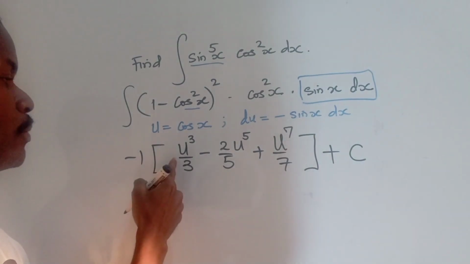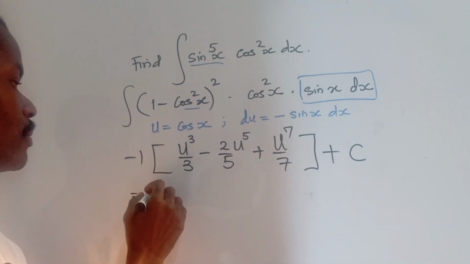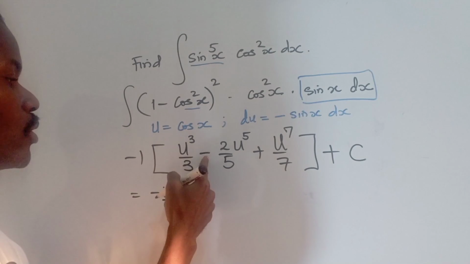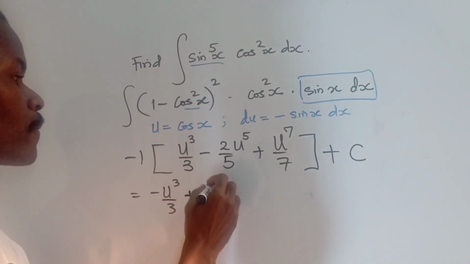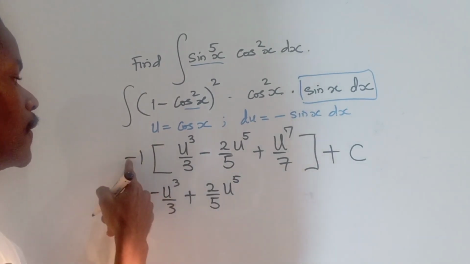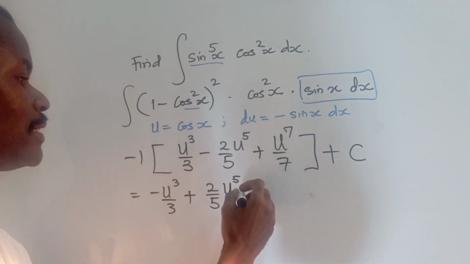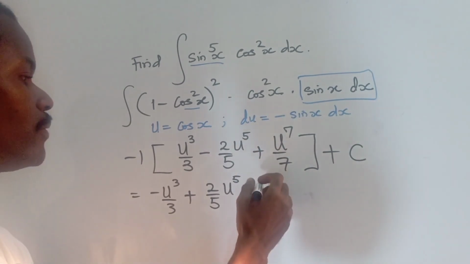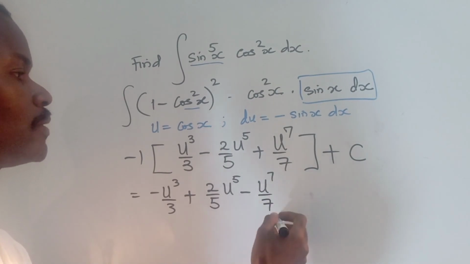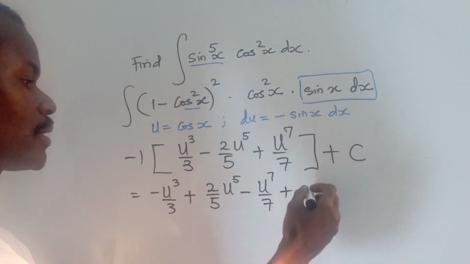So this is going to give us minus u to the power of 3 divided by 3. Now this multiplied with plus, so we have 2 over 5 u to the power of 5. And this is negative, we have u to the power of 7 divided by 7, and we have our plus C.